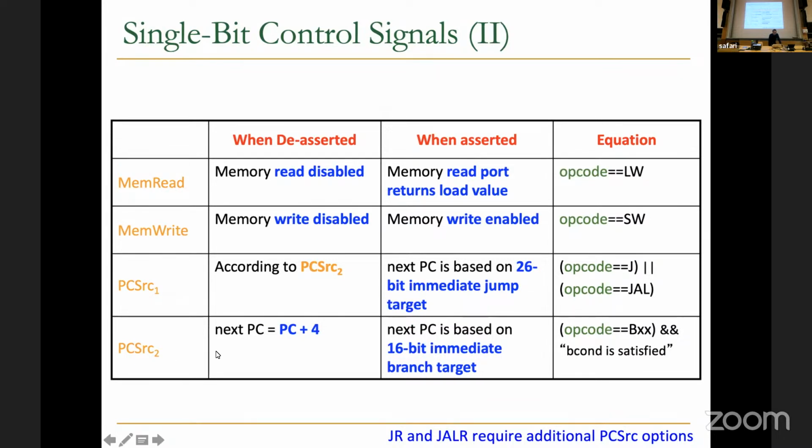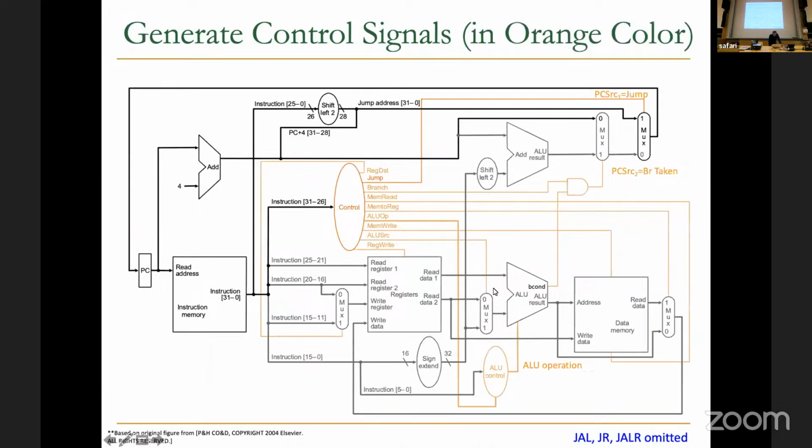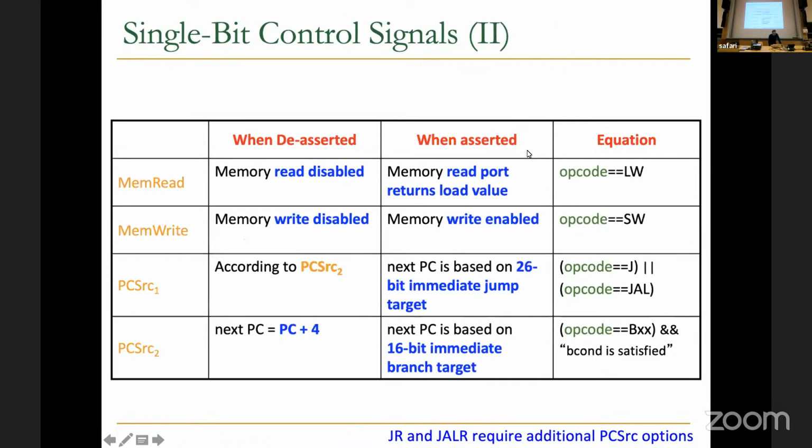This one is interesting because this is the multiplexer, the PC source 2 multiplexer, this multiplexer over here, that selects whether you take PC plus 4 or the target of the address as computed by the conditional branch, this ALU over here. When do you select the next PC based on the 16-bit immediate branch target, that ALU? If the opcode is a conditional branch and if the branch condition is satisfied.